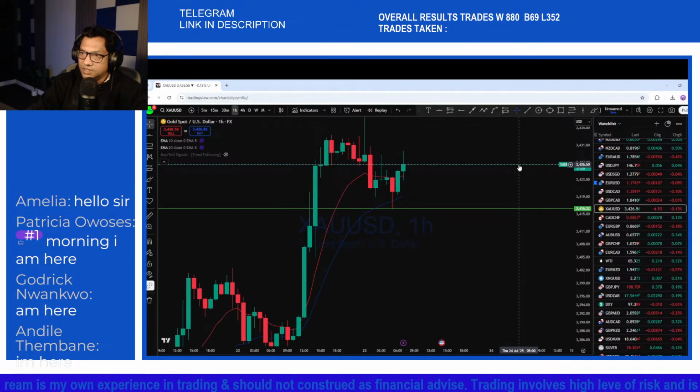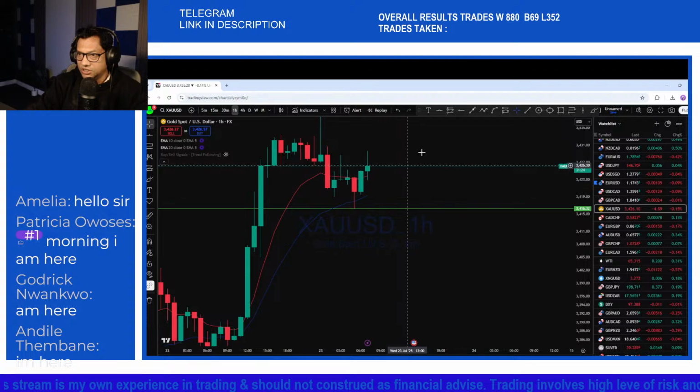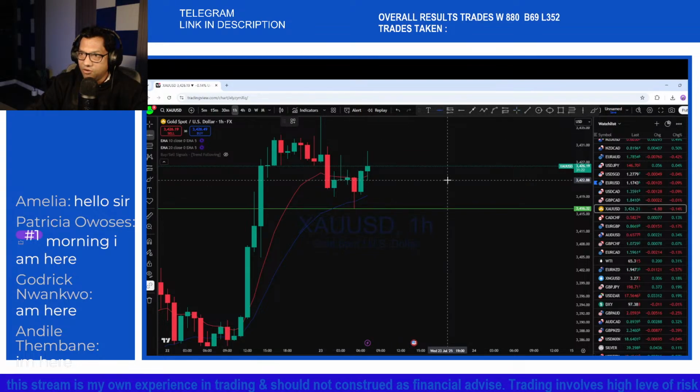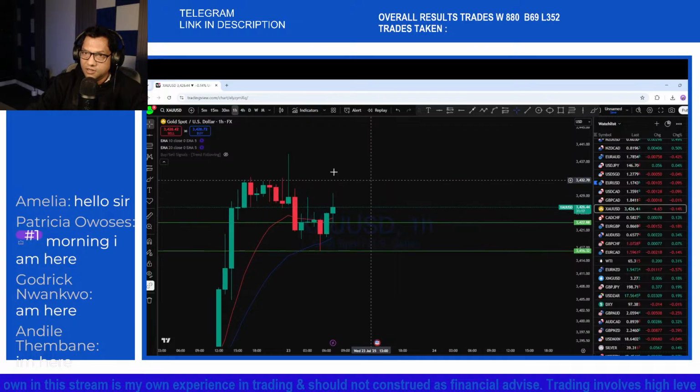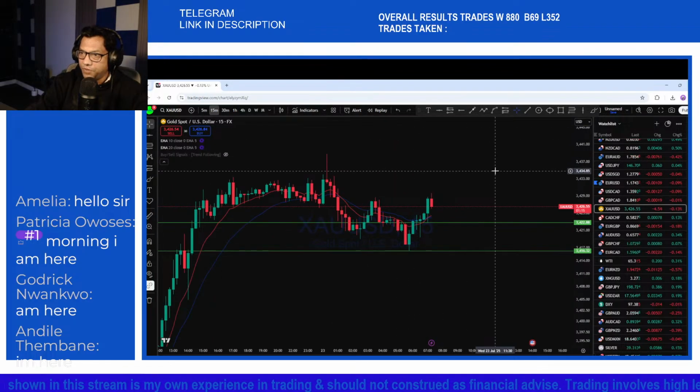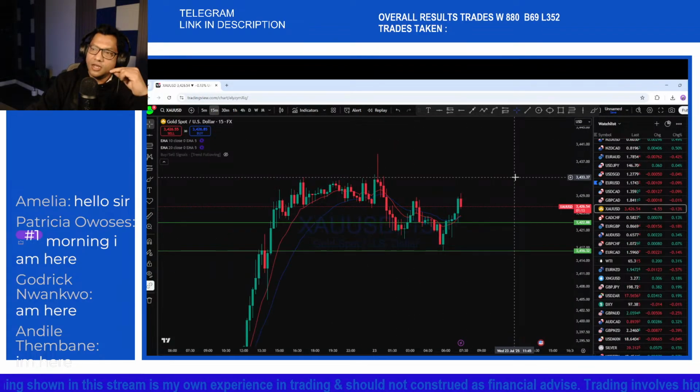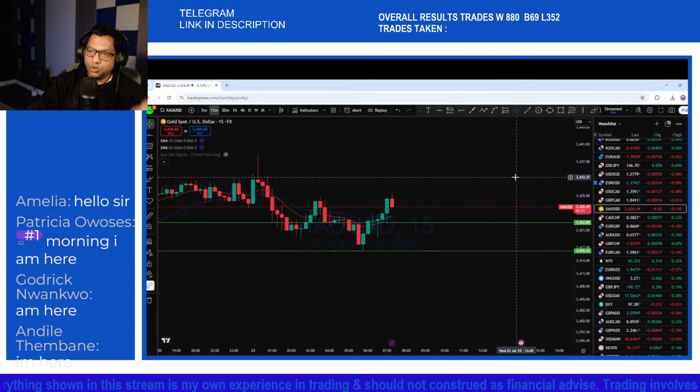Now here is the lower time frame price action that we can see. This is the 1 hour, and the entry for today's price that we will be looking at is here in the bullish market. From all of this, we have understood that this is a bull market today and we will only be looking for buying.